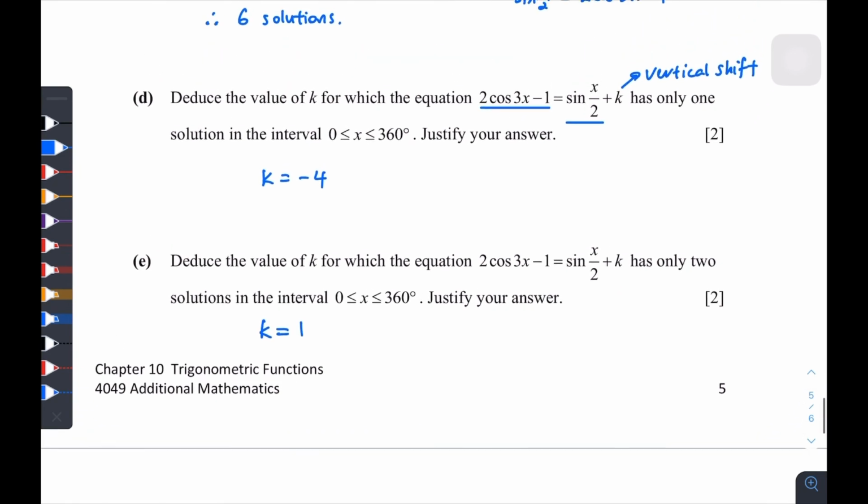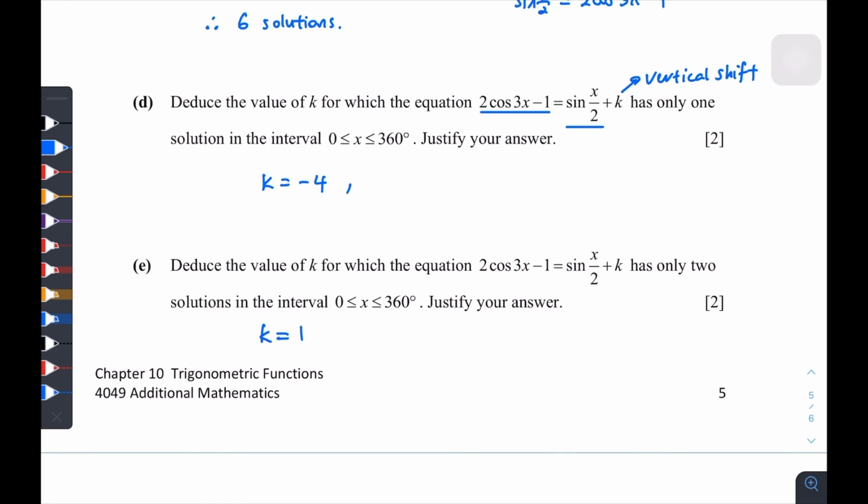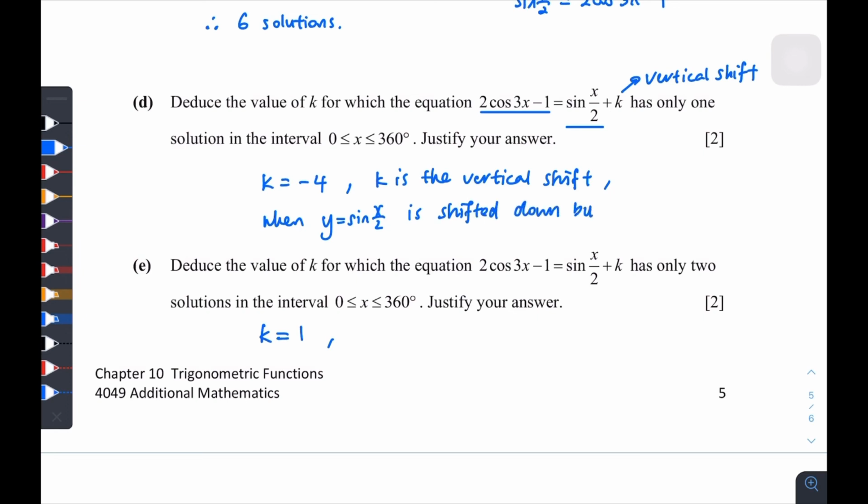Justify your answer. If we really want to justify our answer, k is the vertical shift, and when y equals sine x over 2 is shifted down by 4 units, it intersects f(x) at this point.